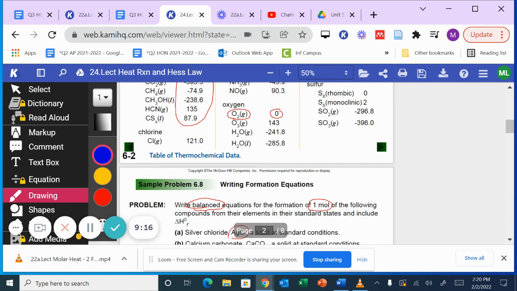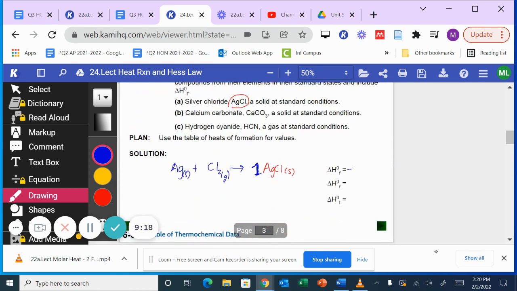So this is going to be negative 127. It gives off negative 127 kilojoules for every 1 mole of this, which means this is 1 Cl, this is Cl2, I'm going to have to put a 1/2 right here, just to make this 1. I know you can't have a half of an atom. It's just used to make this number equal to 1. And then this is the 1 right there. And you don't have to write that 1, but you can if you want to.